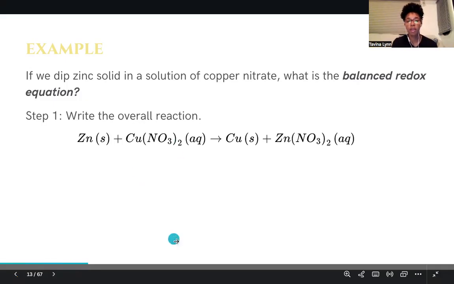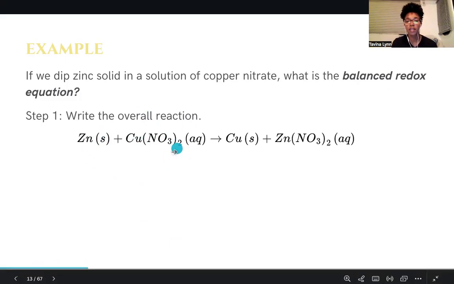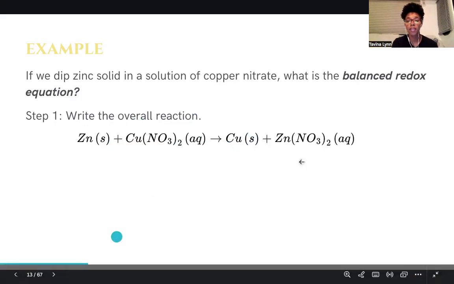So here's our overall reaction. We have zinc solid in a solution of copper nitrate. This will produce copper solid. So essentially zinc is going to displace copper and we'll be left with a solution of zinc nitrate.